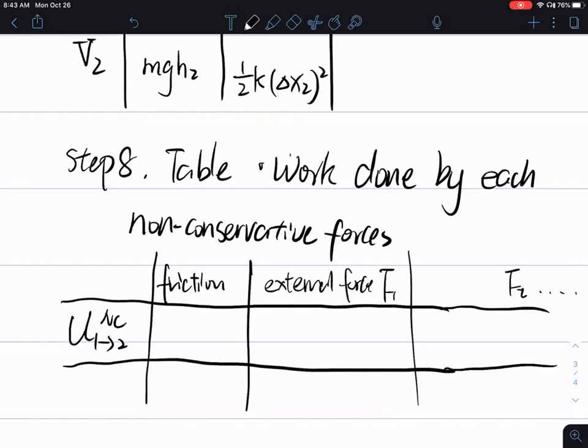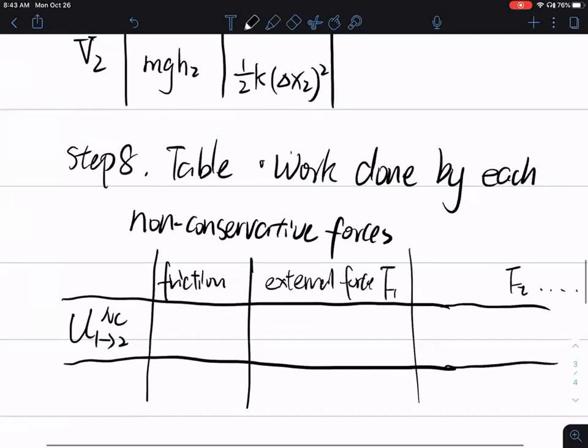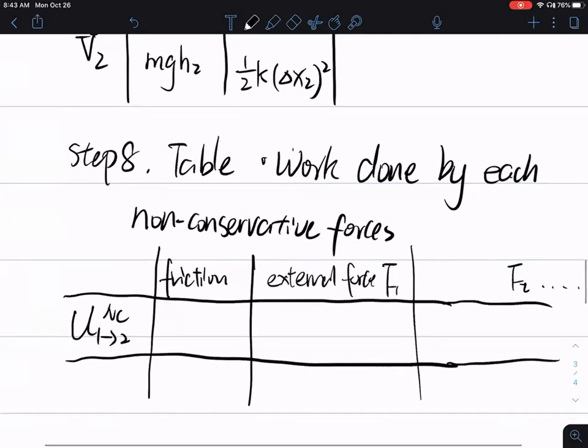To calculate work done by a non-conservative force, the equation is pretty straightforward. You can use the friction force, let's call this Ff, times the distance traveled.